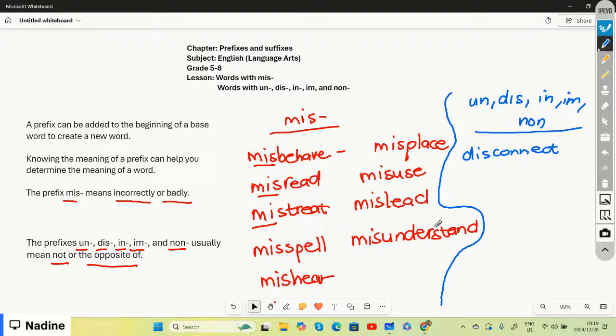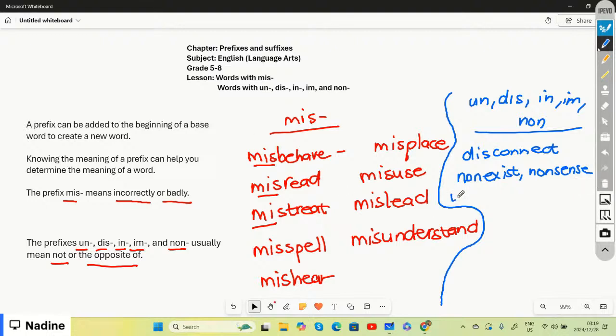If you look at the word non, nonexistent, or we can even say nonsense. If something is nonsense, it's not making sense.